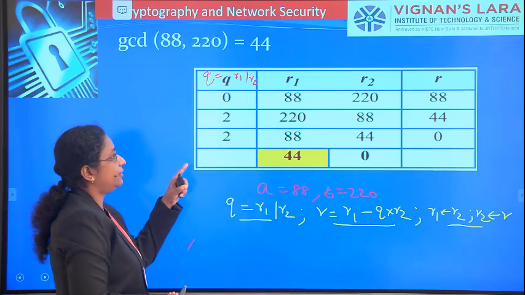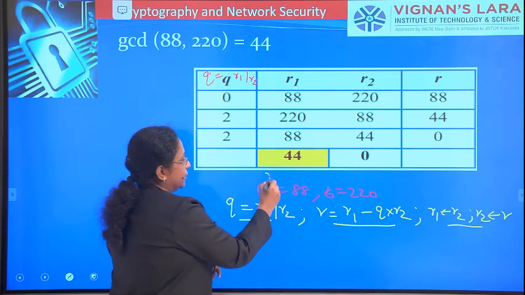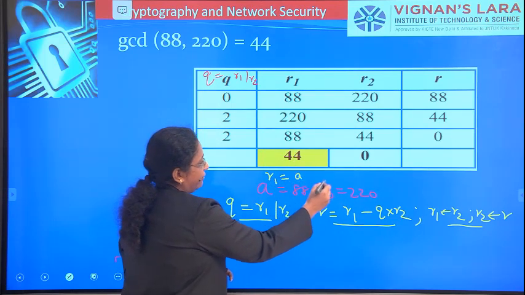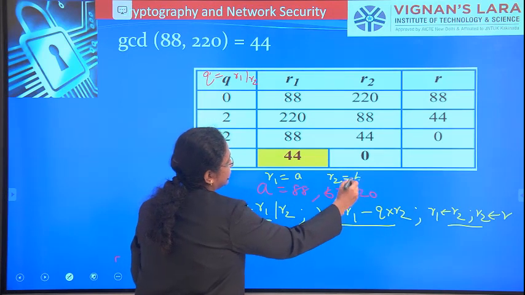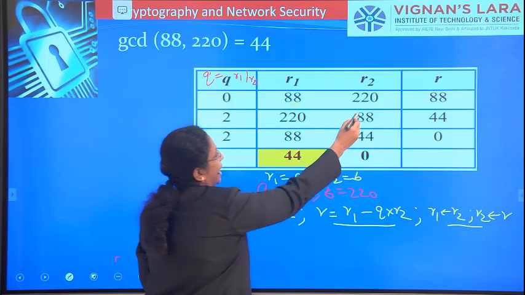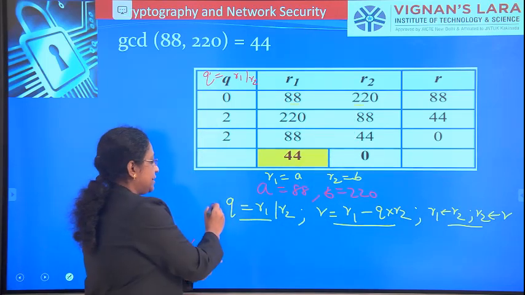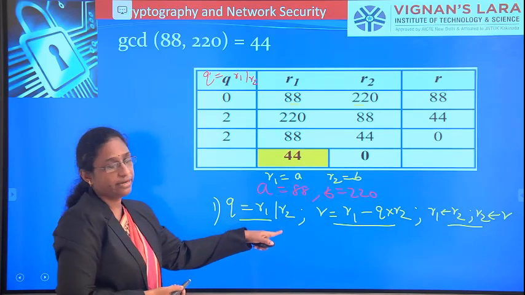Here first we have to initialize R1 equal to A, and R2 will be initialized to B. So R1 is 88 and R2 is 220. After that, the first step is to divide, quotient equal to R1 by R2.